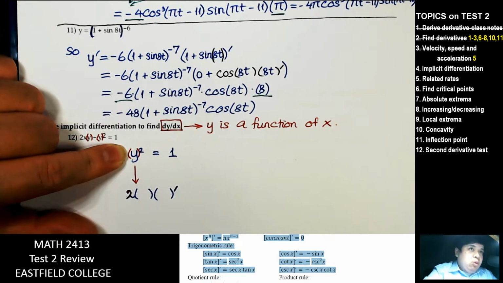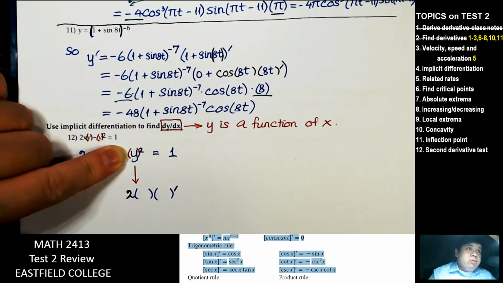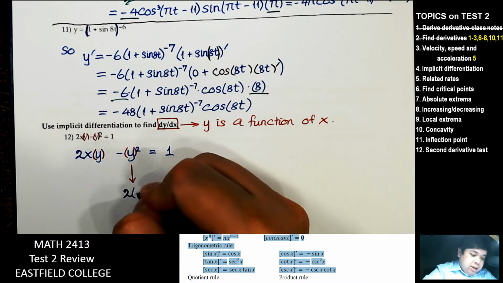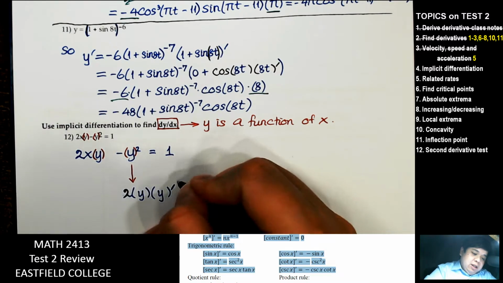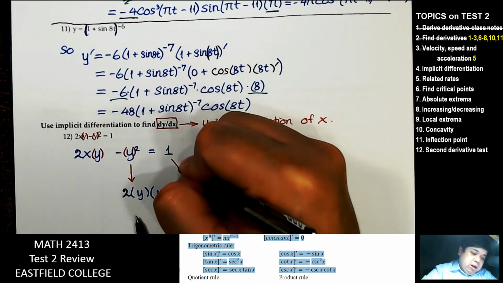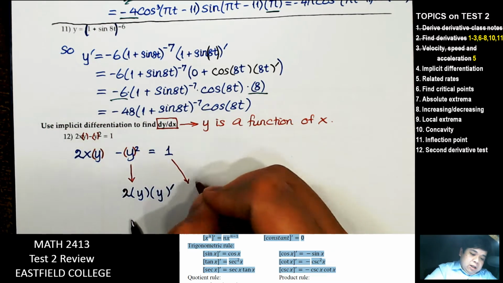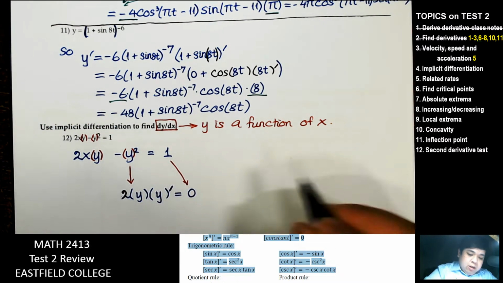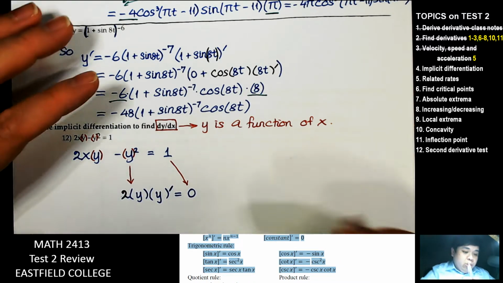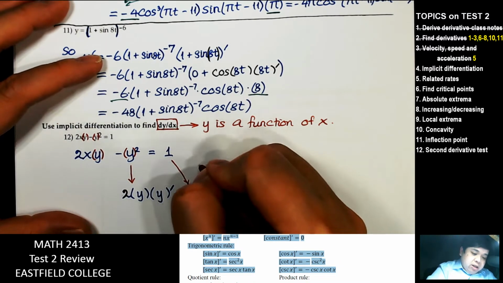So in general, that's what it is, because x is a variable. Now we have y and y. Derivative of 1 is going to be 0. So what we did here is we differentiate with respect to x.